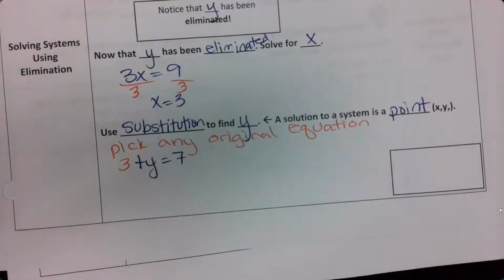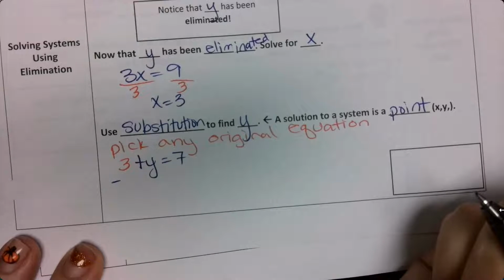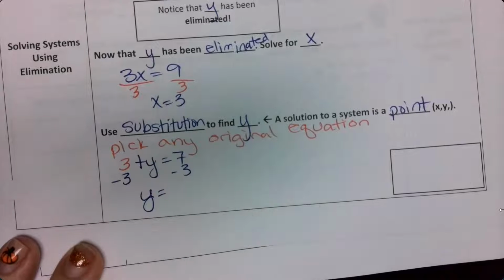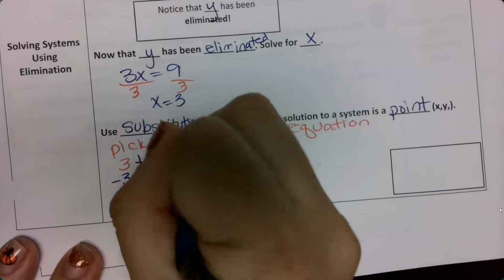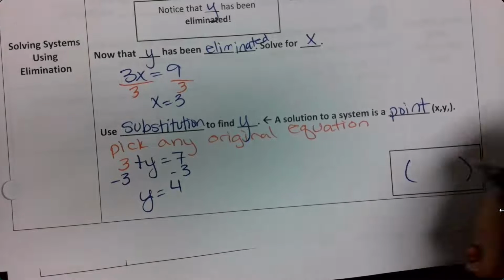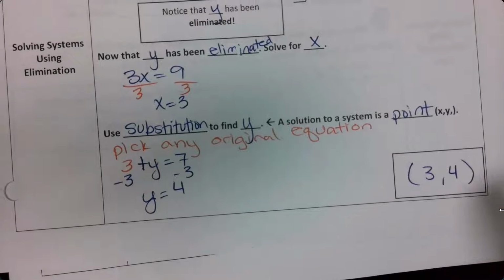How do I solve this? Yep. Subtract 3 from both sides, and I get y equals 4. So what is my answer? Yep, 3 comma 4. So this box is my answer.